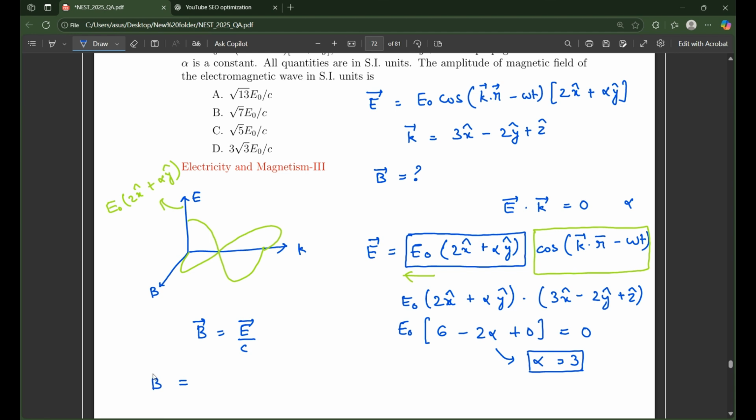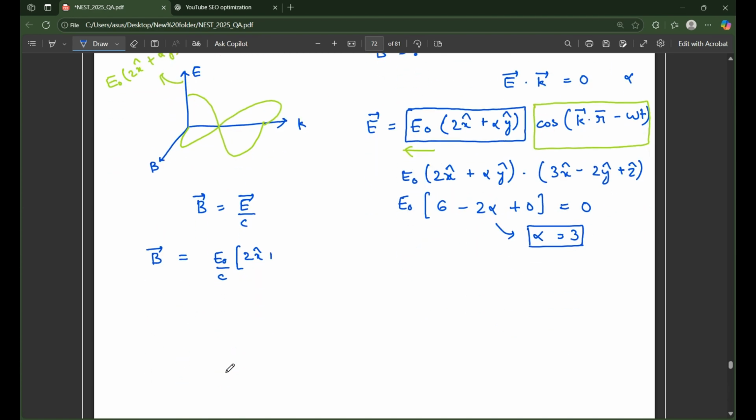So, first of all, the B vector will be E naught by C into (2x plus alpha y), where alpha is 3.